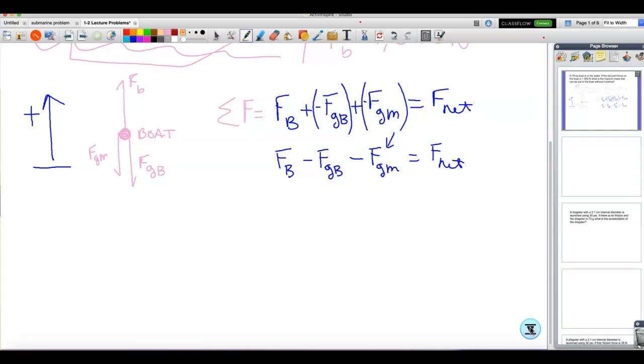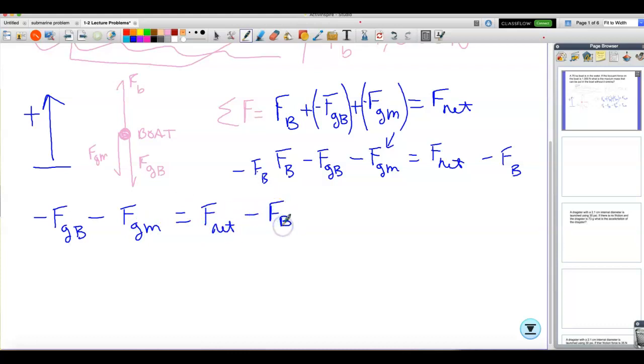We subtract the buoyant force from both sides, so the negative gravitational force of the boat minus the gravitational force of the mass equals the net force minus the buoyant force.